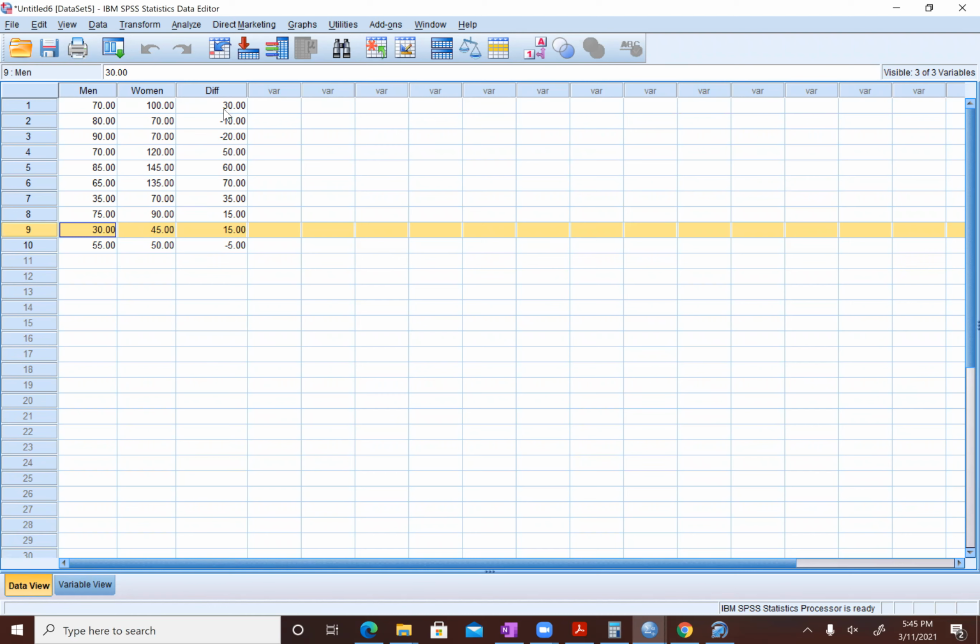So this difference which is coming in over here, the difference of the means of those two populations, if the populations are normally distributed, the difference will also be normally distributed.